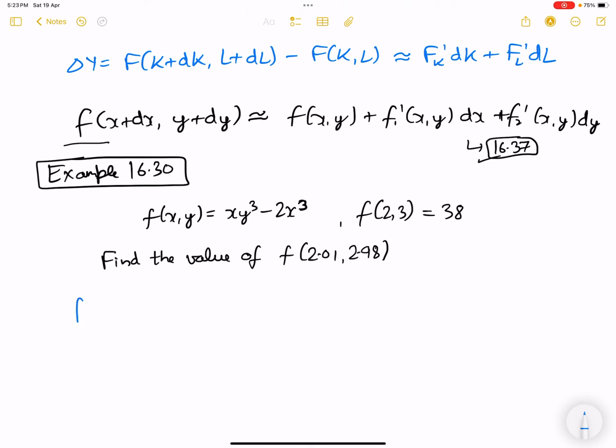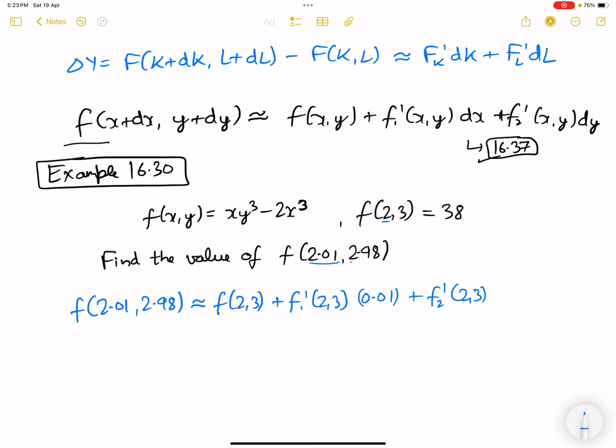Okay, so f of 2.01 comma 2.98 would be approximately equal to f of 2 comma 3 plus f1 dash 2,3 times dx, where dx is 0.01, plus f2 dash 2,3 times dy. dx is 2.01 minus 2, which is 0.01. dy is 2.98 new minus old, which is minus 0.02.